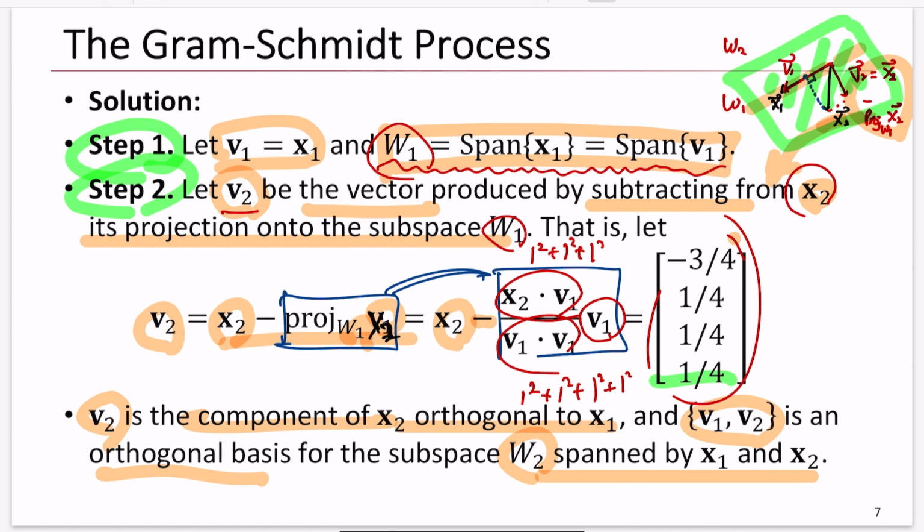So V2 is x2 minus the projection of x2 onto W1, where W1 is defined by V1, based on the definition of orthogonal projection. So V2 is the component of x2 orthogonal to x1, and V1, V2 is an orthogonal basis for the subspace W2 spanned by x1, x2.